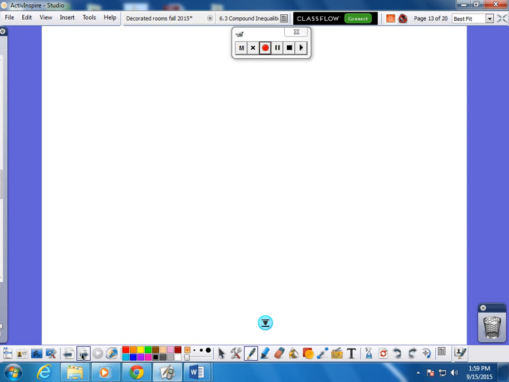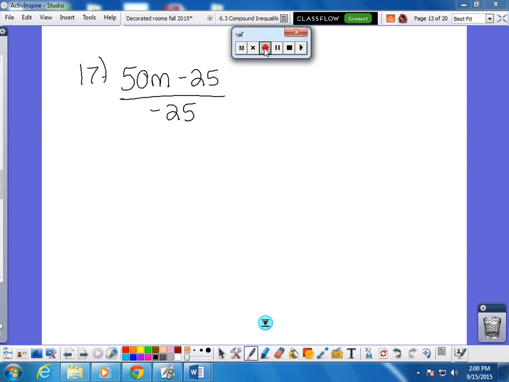All right, number 17. Remember, this means that they share a denominator. Okay, so both terms, 50m and this negative 25, share a common denominator of negative 25. So I wouldn't want to cancel out.